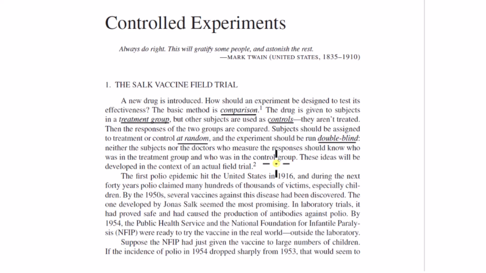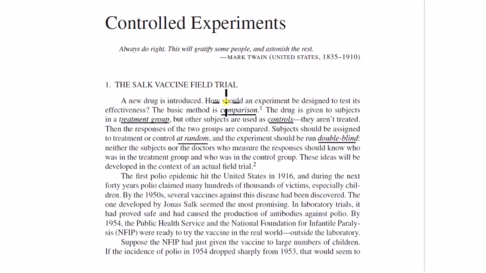And the experimentalist who's inspecting for the results of the experiment doesn't know if the person they're inspecting got the drug or not. So having the experiment be double blind and assigning subjects to the treatment or control group at random assures that there's no biases in the experiment.